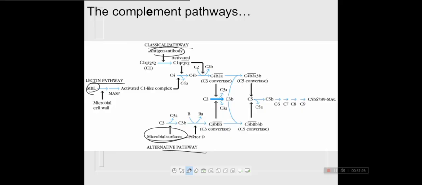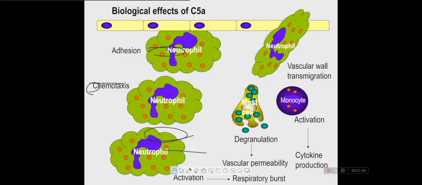So remember all these pathways. Most important in the complement system are the pathways. In the lectin pathway, mannose binding lectin is used, that is the microbial cell wall. In the alternative pathway, microbial surface is used and factor D. And in the classical pathway, antigen antibody complex is used.